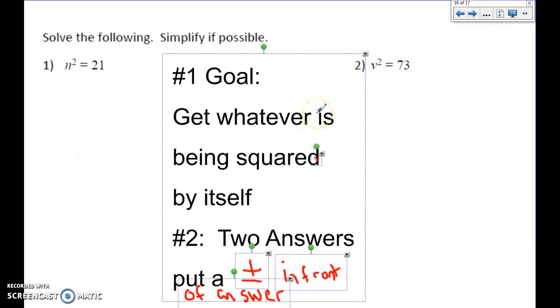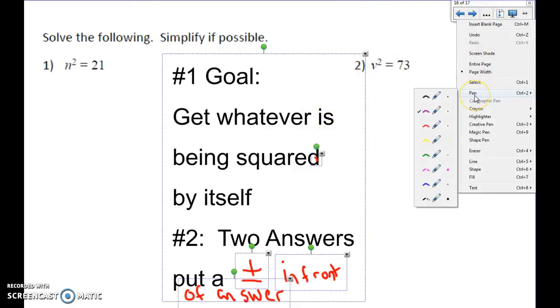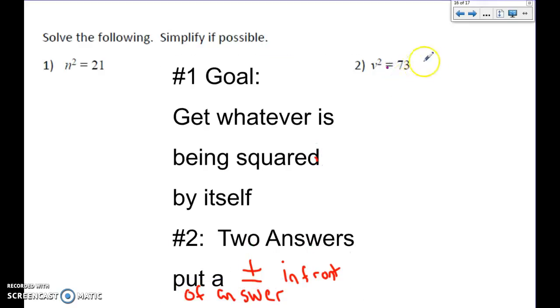Whenever I think about this, I'm thinking about the idea that I want to get whatever is being squared by itself, and that I'll have two answers. I'm going to put a plus or minus in front of whatever the answer is. So when I look here, I have the n squared by itself. Step 1 is done.